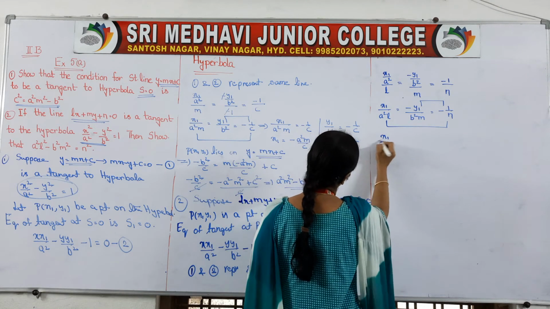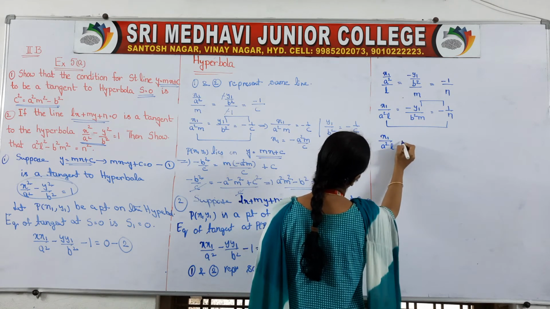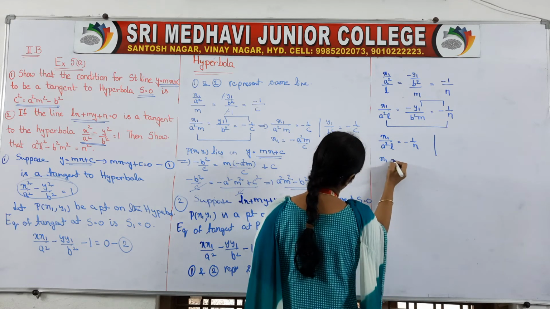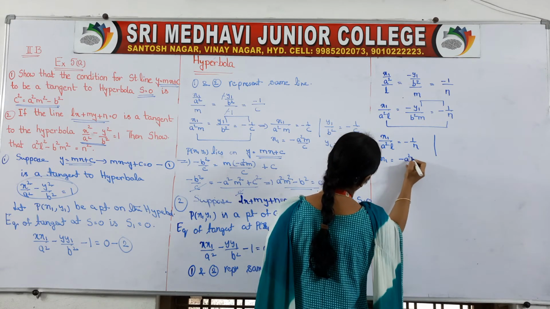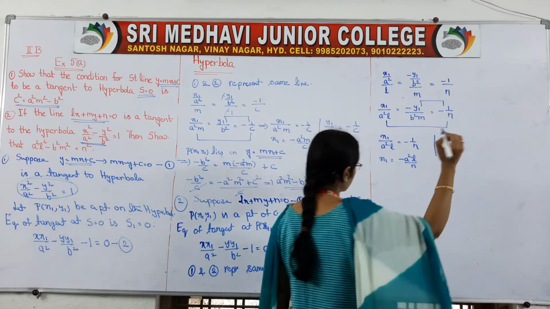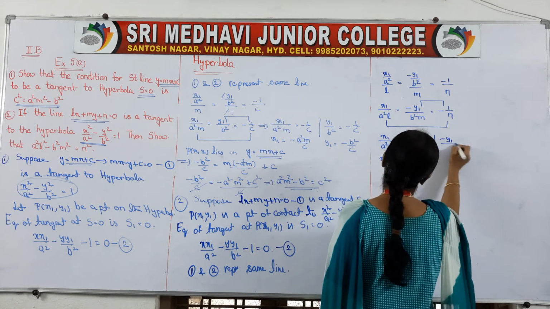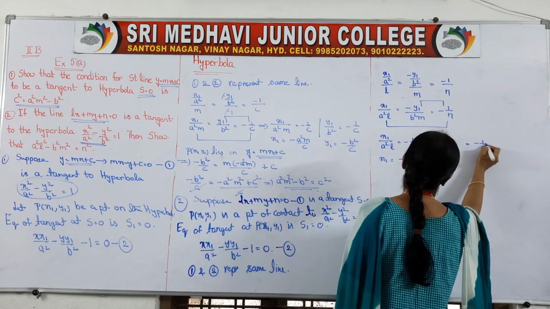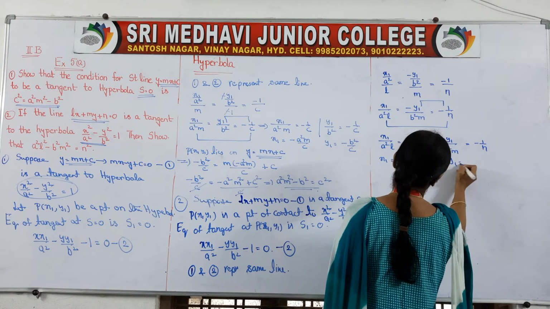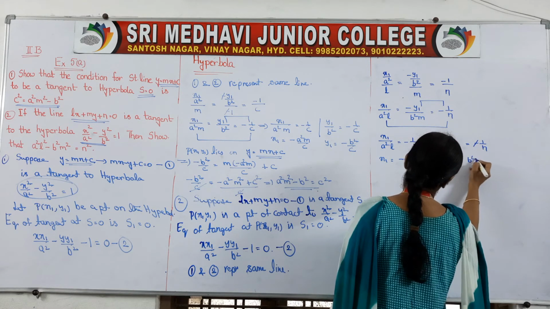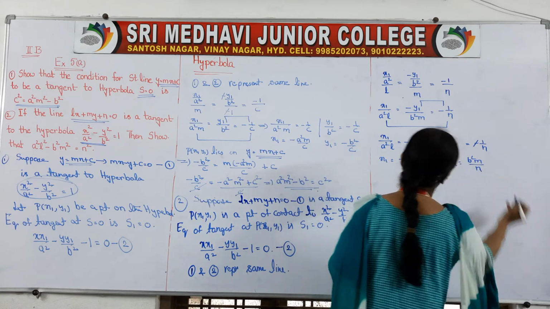So x1 by a square L is equal to minus 1 by n. So x1 is equal to minus a square L by n. Next, minus y1 by b square m is equal to minus 1 by n. y1 is equal to, minus minus cancel, b square m by n.